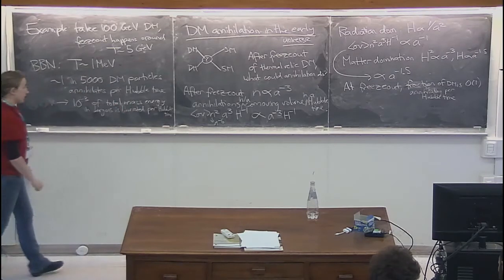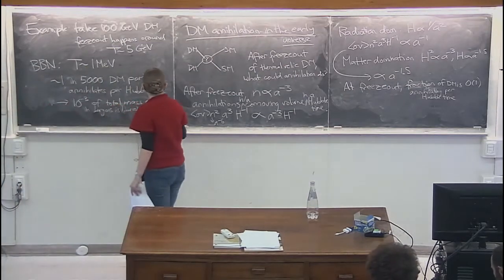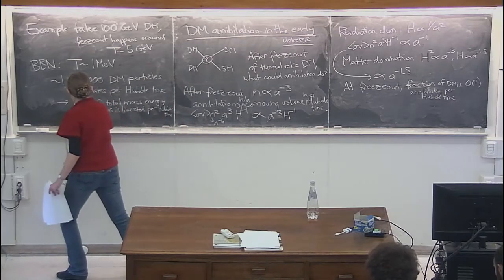But the typical mass of a proton or a neutron is about 1 GeV. So this means that about 1 MeV of energy is being liberated by this thermal annihilation.